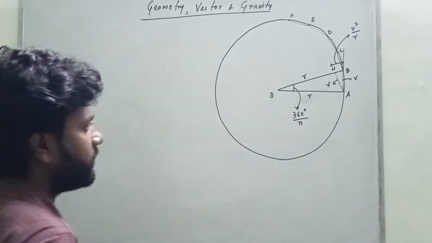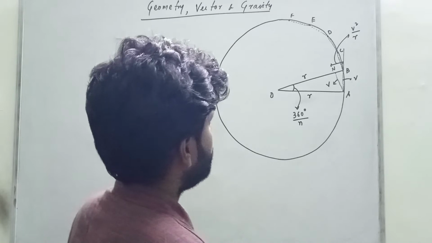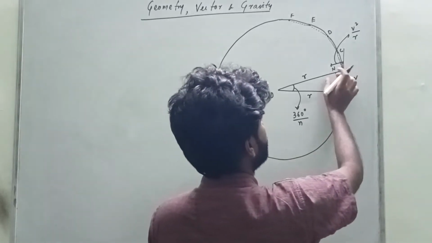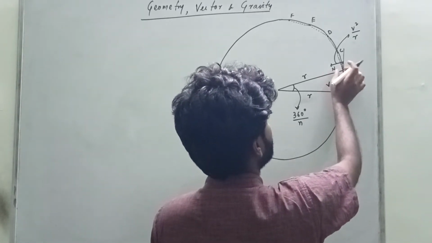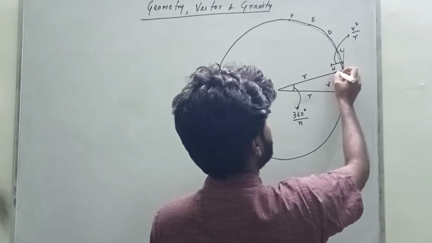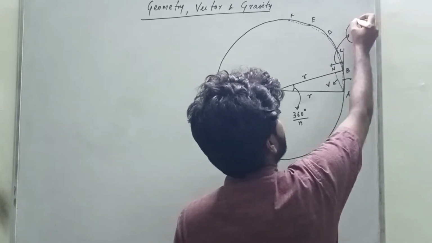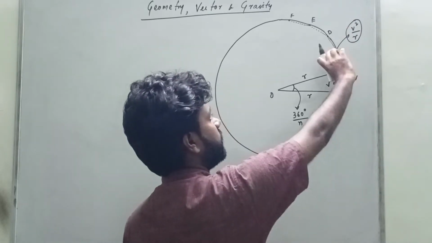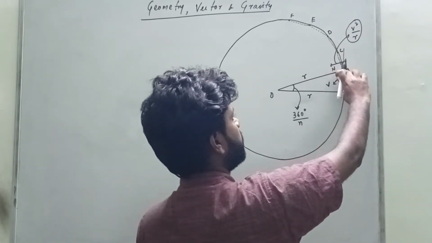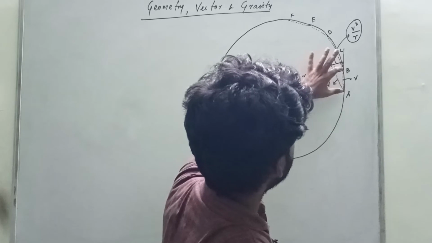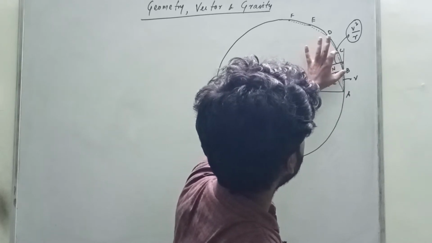And I just got a result: Bn is v squared by r. Here v means the length of the sides of the regular polygon.